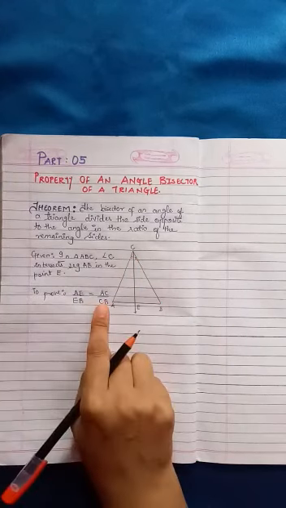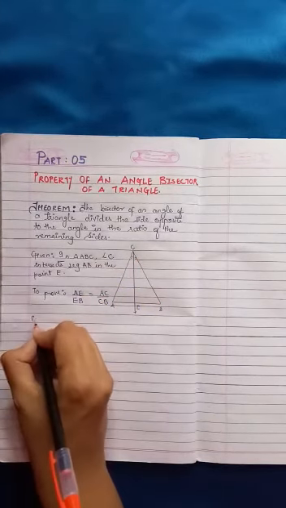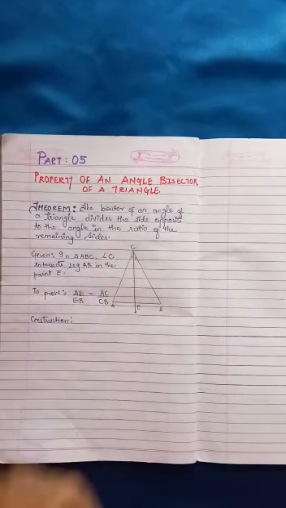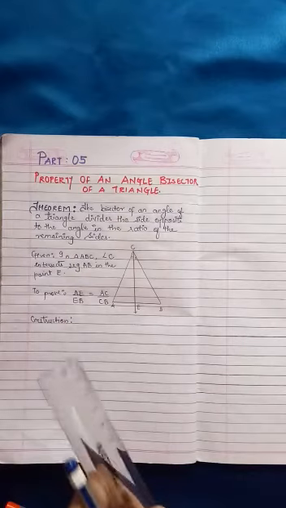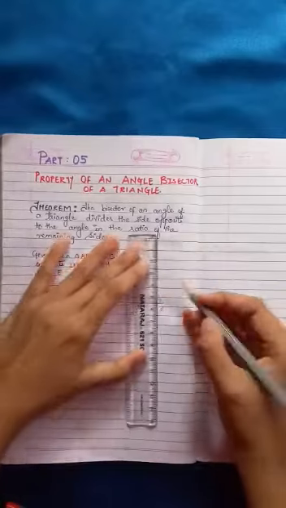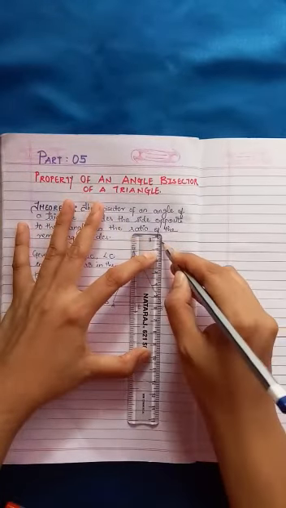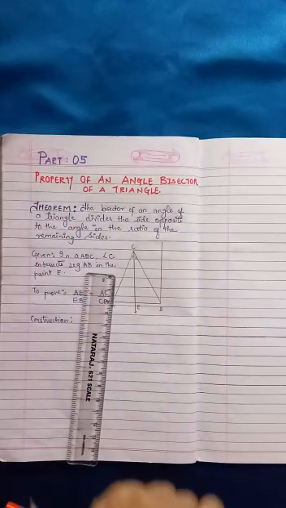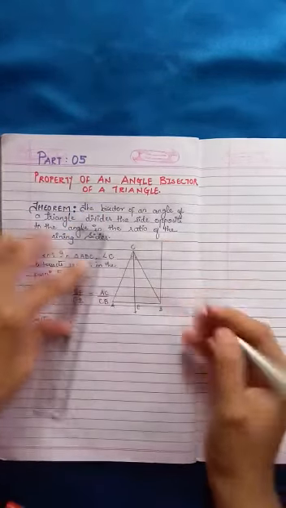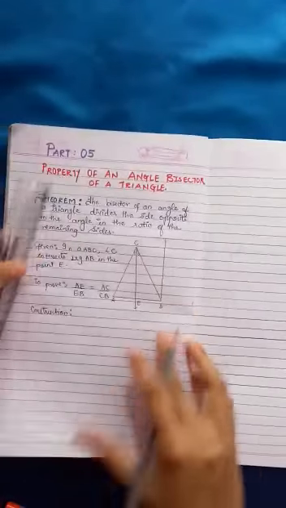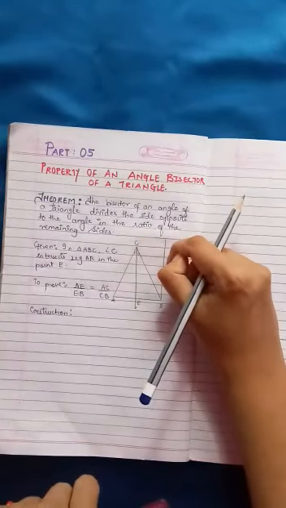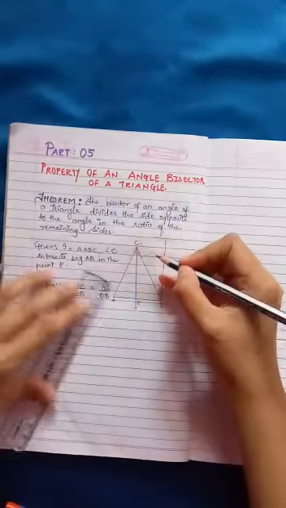Now to prove this, you need to do one simple construction. Be attentive and listen to the construction. I am going to draw a line parallel to CE which passes through B. This line should be a little slanted, not straight.